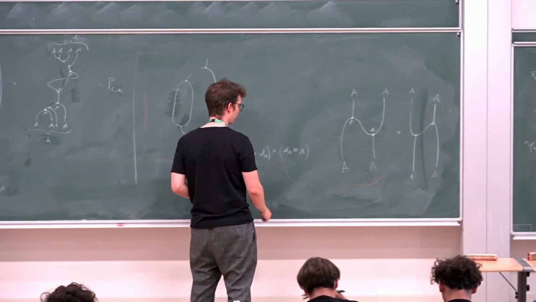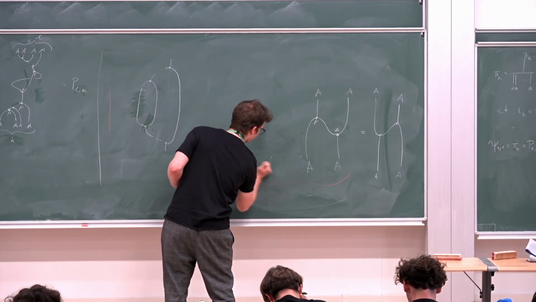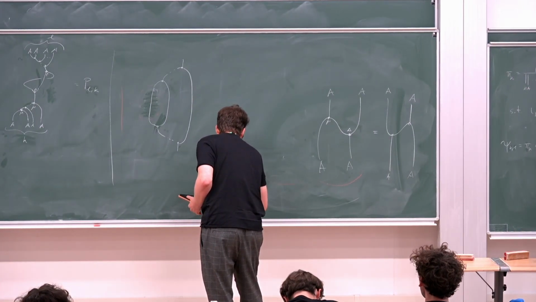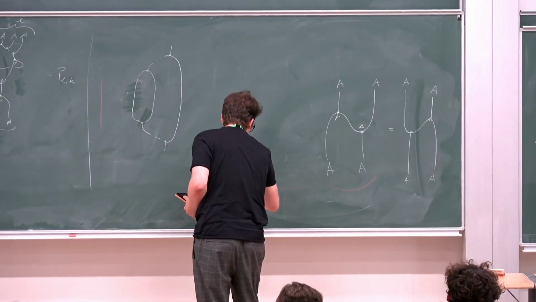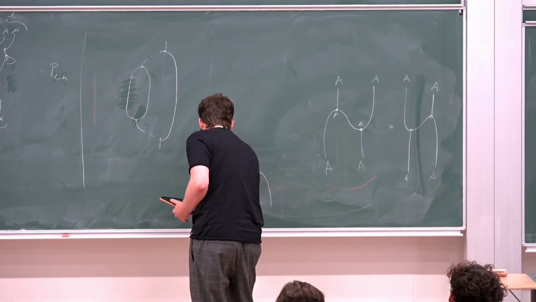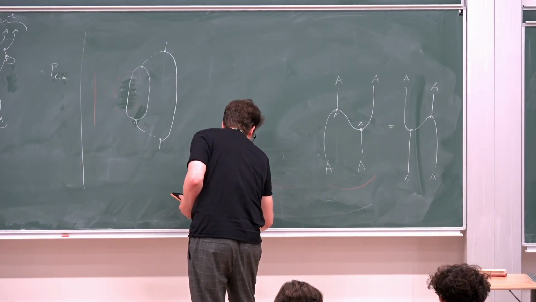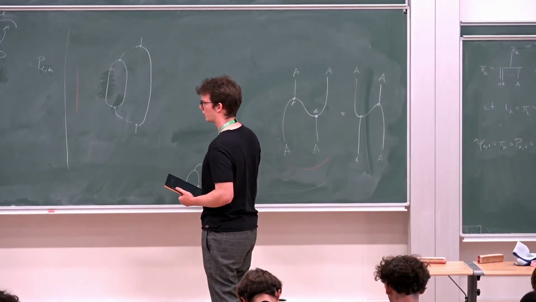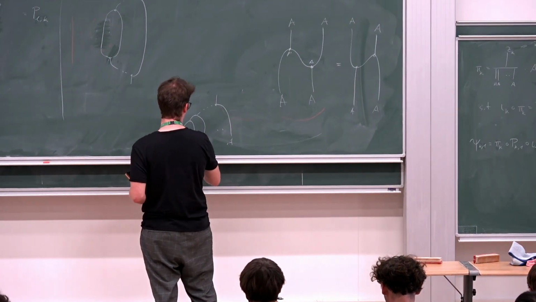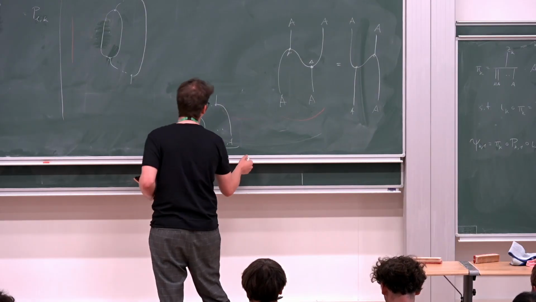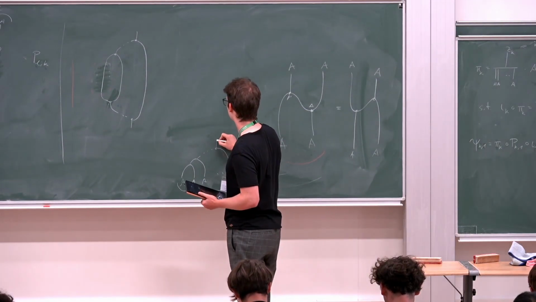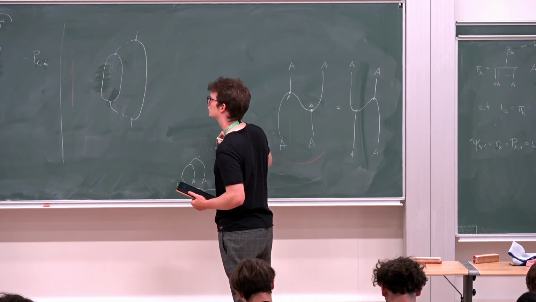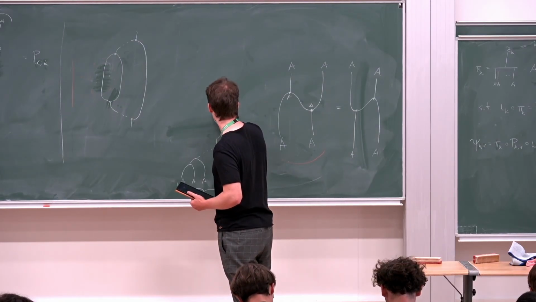We would end up with something like this. So down here we would have K, and then we have this.